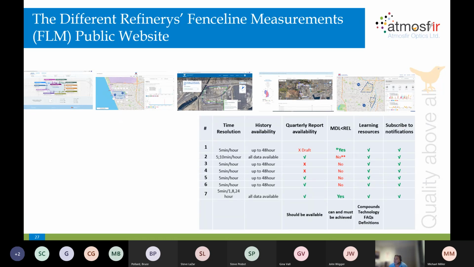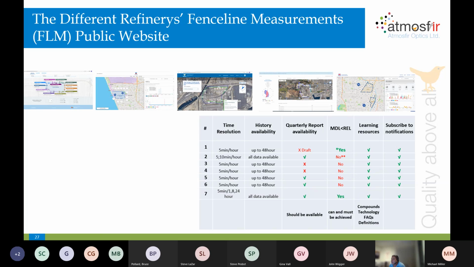Some of them had 5 minutes, some of them had 10 minutes also. The rule actually said that you should do 5-minute, 1-hour, 8-hour, and 24-hour averages. And that, at least, is what we did for our client, number 7.